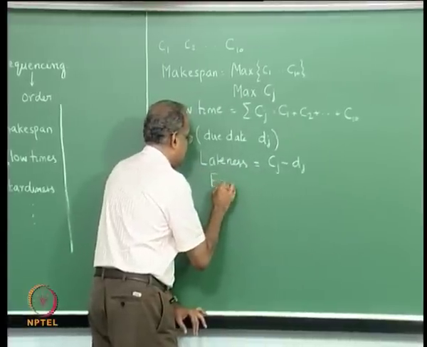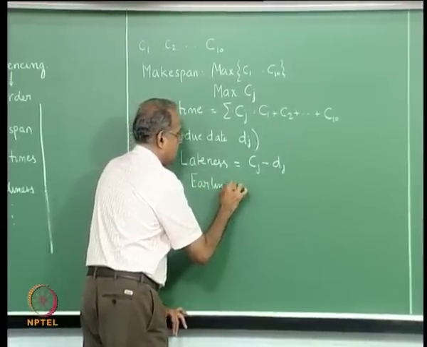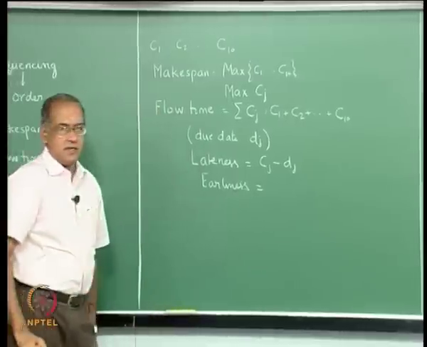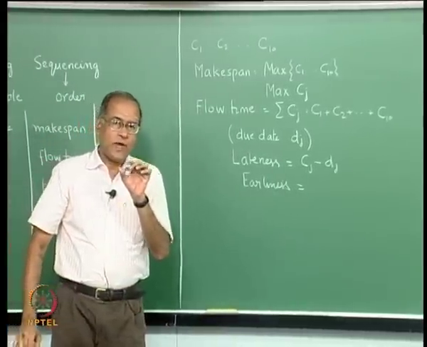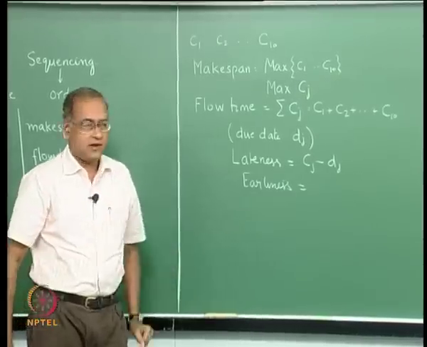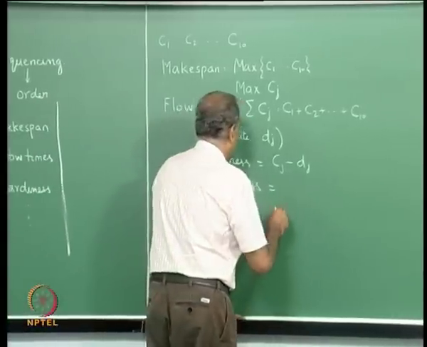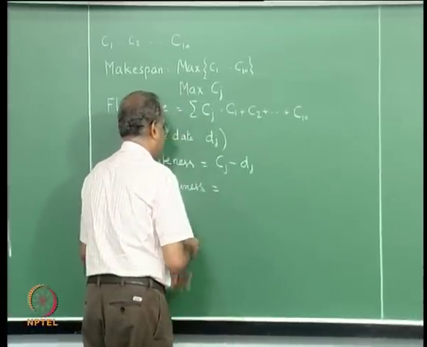Earliness is when the job is completed before the due date, and therefore earliness will be equal to maximum of 0 and Dj minus Cj.